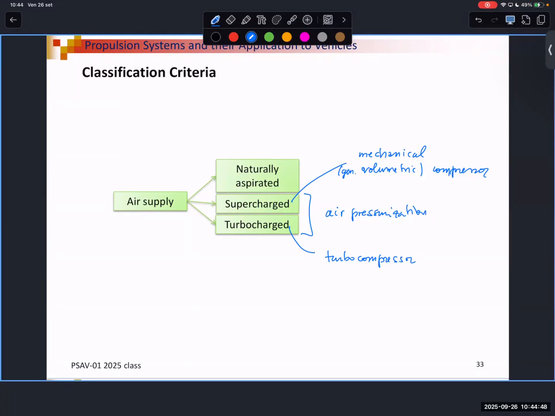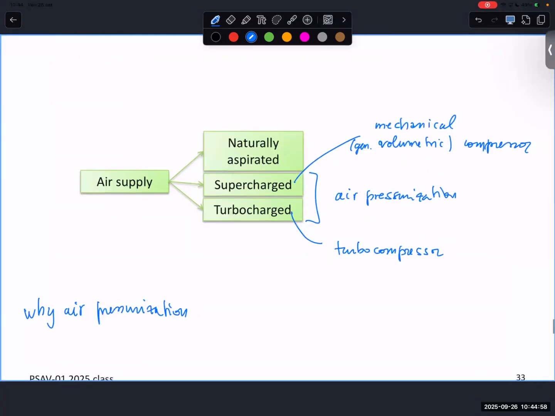Why consider an air pressurization? Increase the amount of fuel.